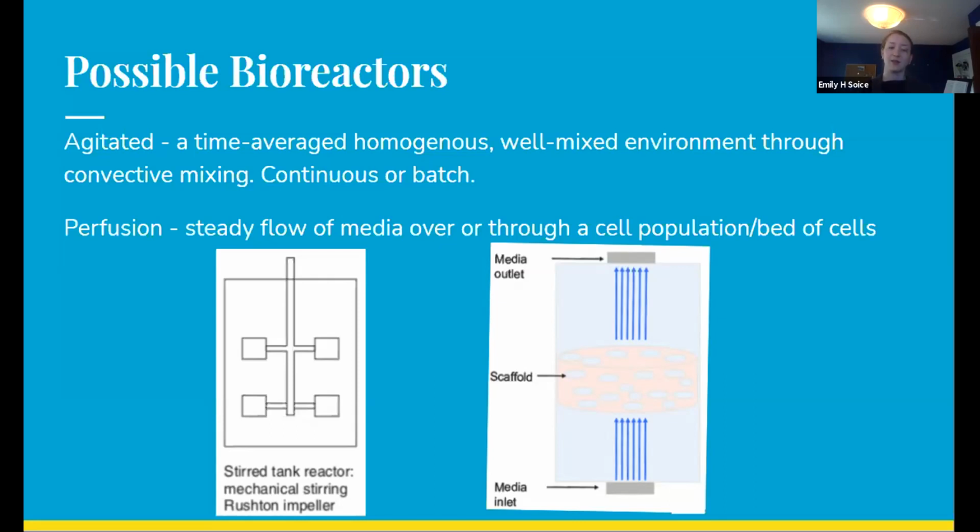Or, and this can be batch or fed batch, or with different added features, you can make it continuous. Or you can have a perfusion system, like we said earlier, where you have a steady flow of media over a cell population. So a stirred tank bioreactor is one of the most common types of agitated bioreactor, while a perfusion bioreactor in its most simplest form, I think, would look something like this.